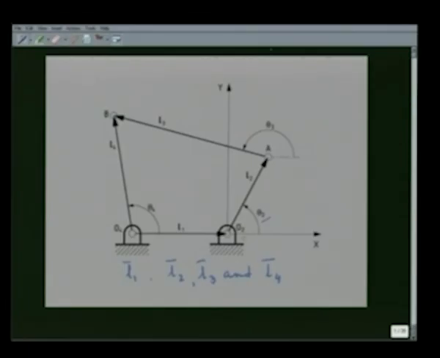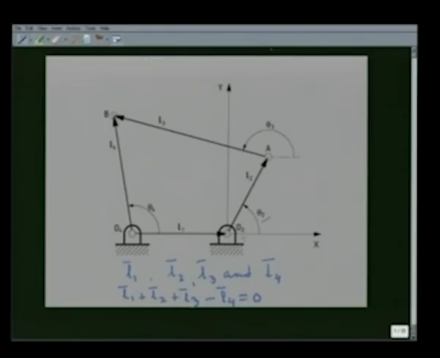We can express this loop closure equation very simply as L1 plus L2, these are all vectors, plus L3 minus L4 is equal to 0. This is what we say as the loop closure equation expressed in terms of link vectors.